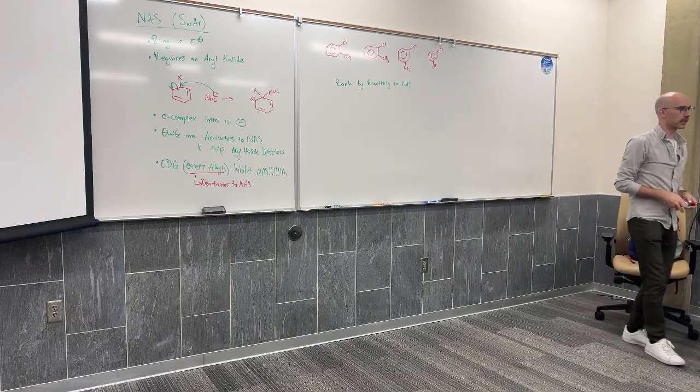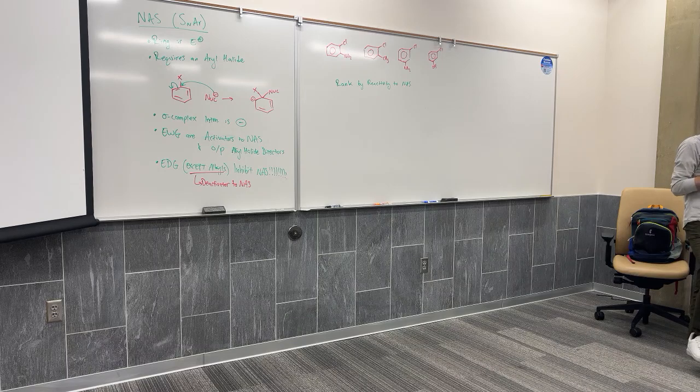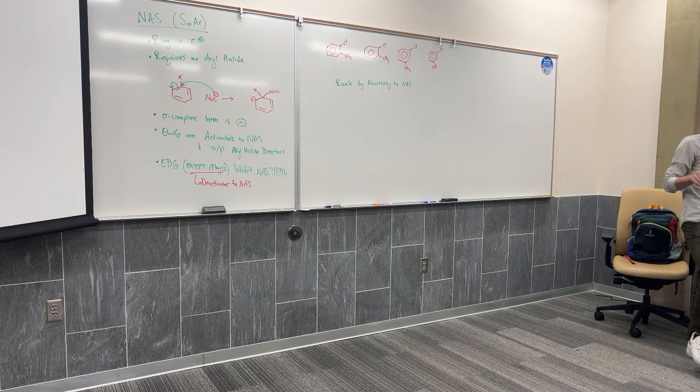What are the things I should be looking for? I want to look for EWGs and EDGs. Electron withdrawing groups increase reactivity, especially when they are ortho-para to the aryl halide. Alkyl groups deactivate the ring towards NAS, and electron donating groups inhibit NAS. So we would say if there's any electron donating group, it is by far the least reactive.